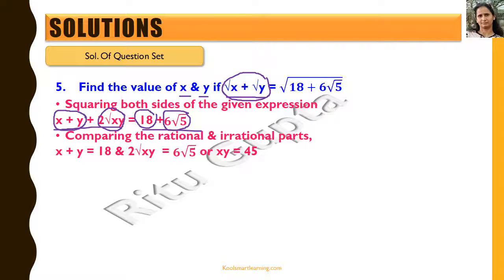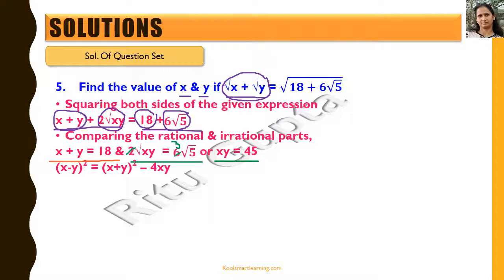So we say x plus y is 18 and 2 root xy is 6 root 5, and if we just simplify it we get xy is equal to 45, because this 2 cancels 6 and we get 3 over here. So if we take 3 in the square root, it becomes 9 into 5, which is 45. So root of xy is equal to root of 45. So xy is equal to 45.